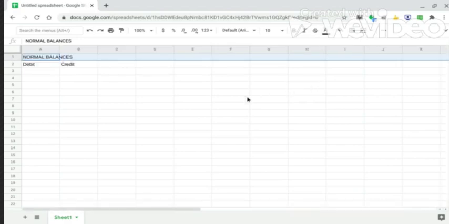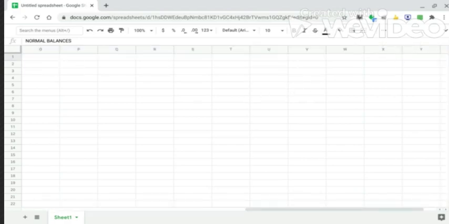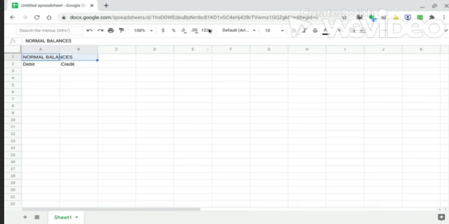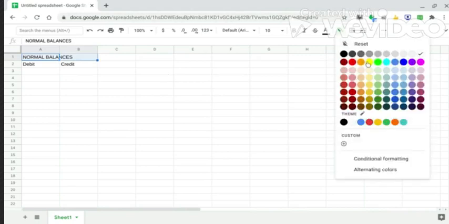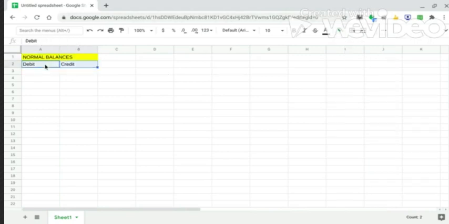So, i-highlight natin to si normal balances. Okay. So, the normal balance of an asset is a debit. So, lagay natin siya under debit. Normal balance ni liability, credit. So, dito natin si liability.